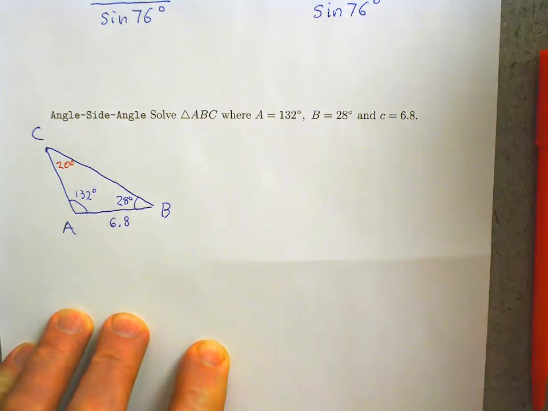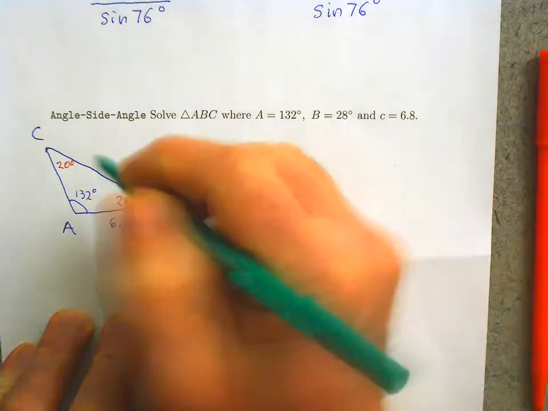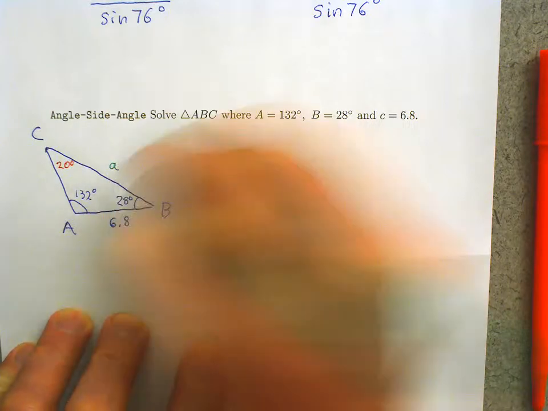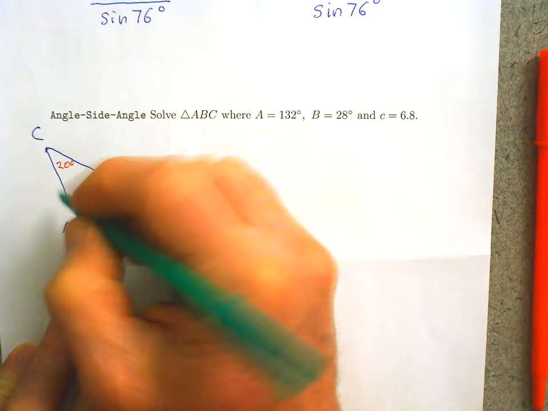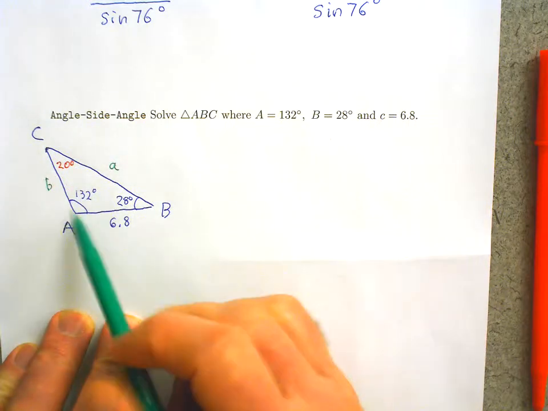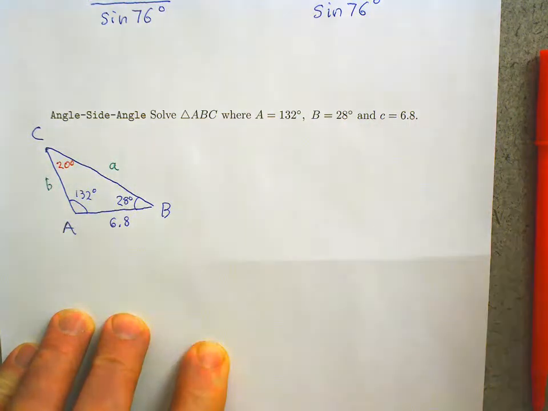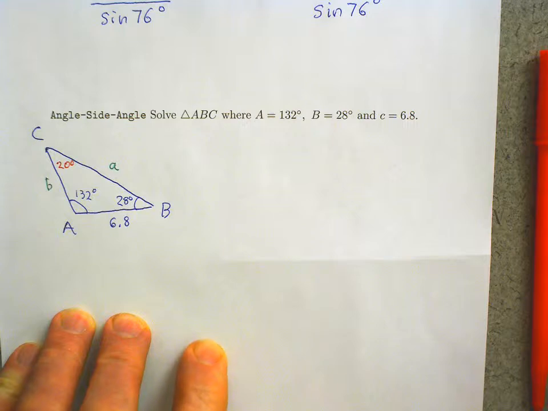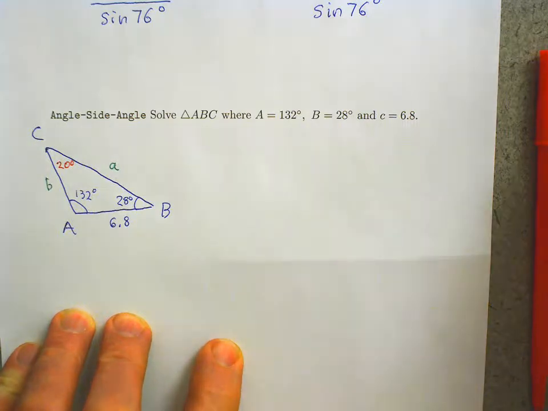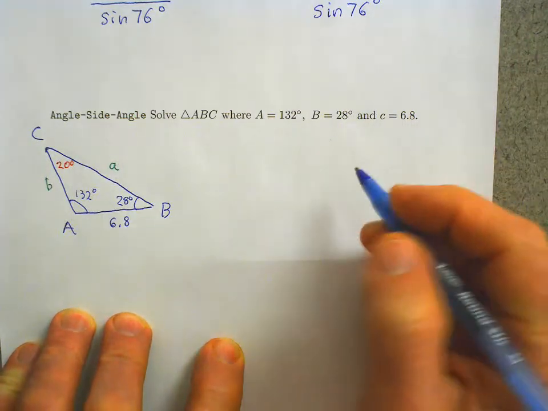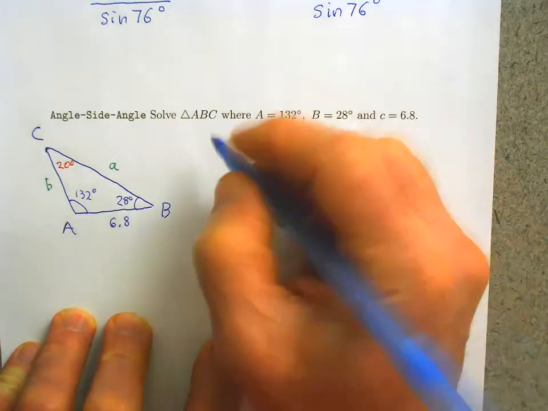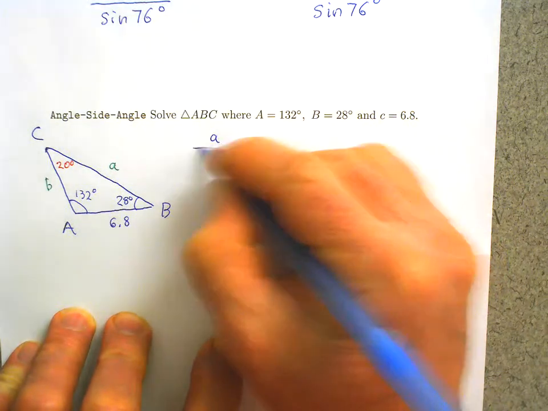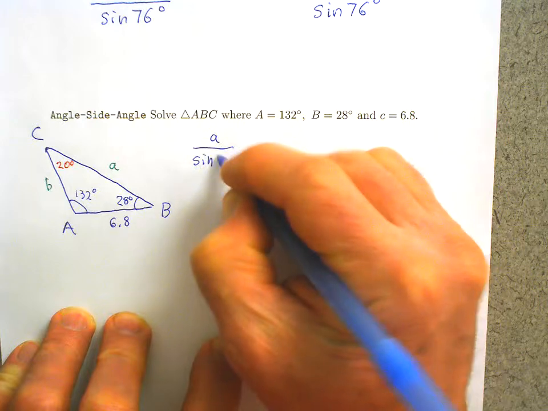And all we have to do is find this side represented by lowercase a and the length of that side represented by lowercase b. Okay, so starting with the a, lowercase a over the sine of 132 degrees.